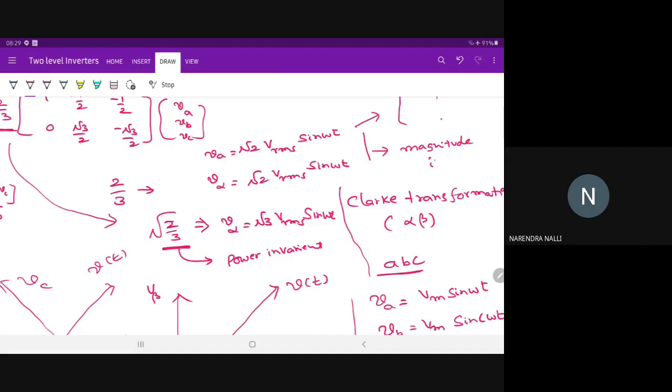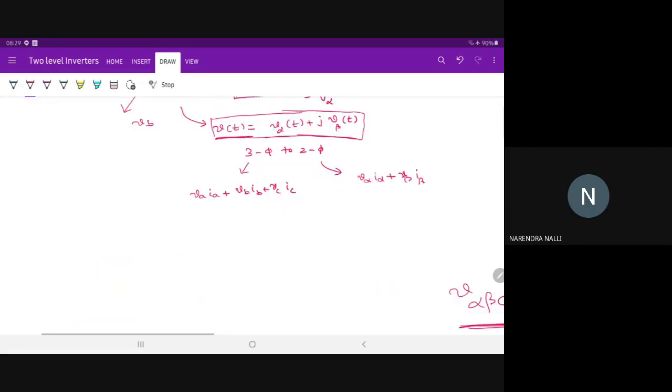Okay. I will summarize this one. The constant of coefficient before this transformation, we may choose 2 by 3 or we may choose root 2 by 3.